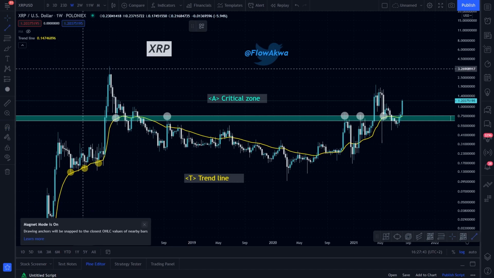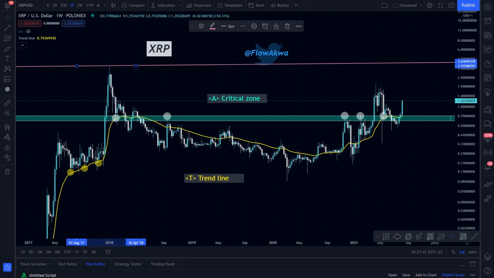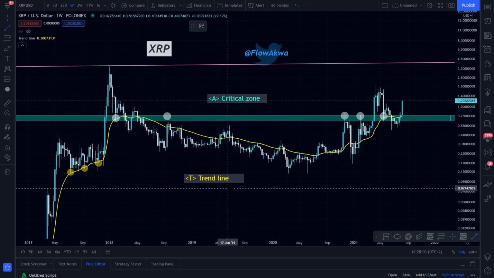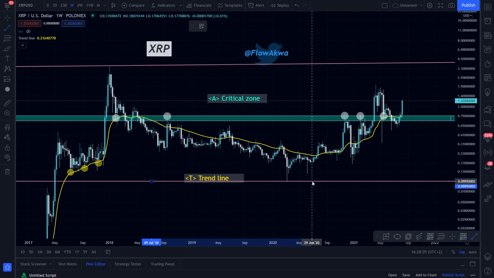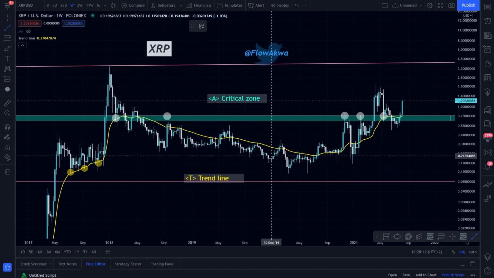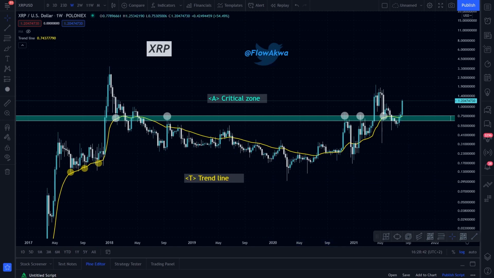You can see here, the top is here for the market, but for the moving average, it is right here, right in the critical zone. It's the same for the bottom. The bottom is right here, and the low of the moving average is right here, okay? So you see that the range is not the same.